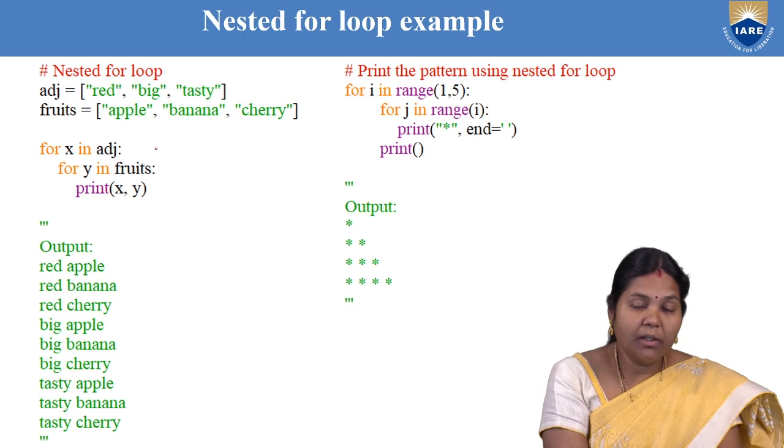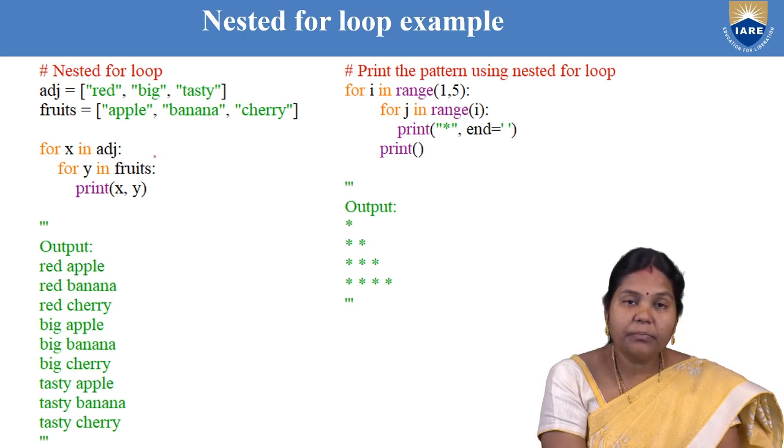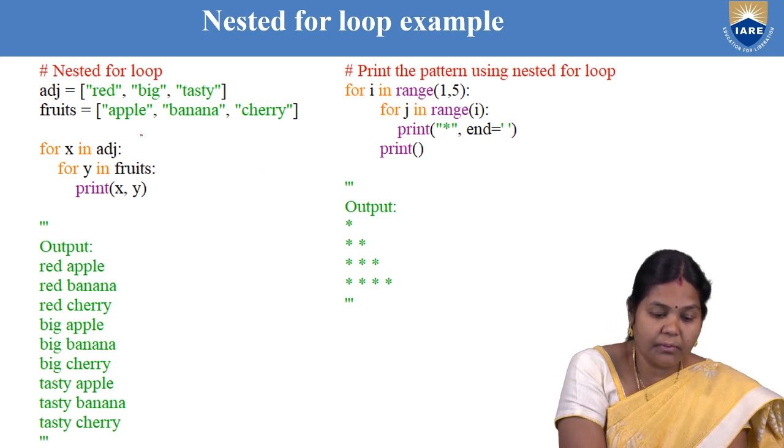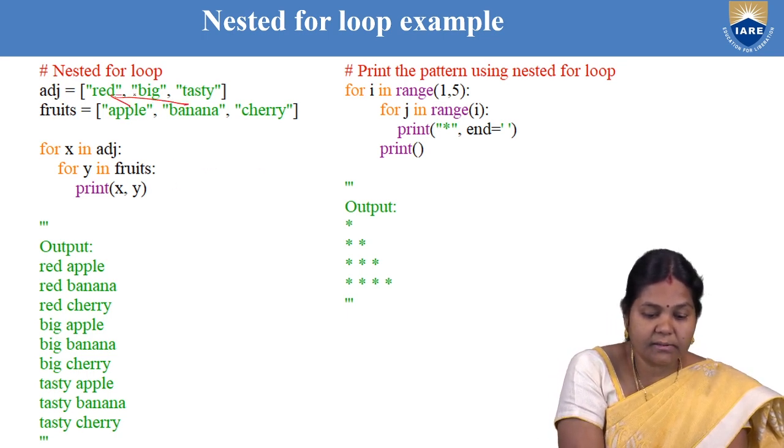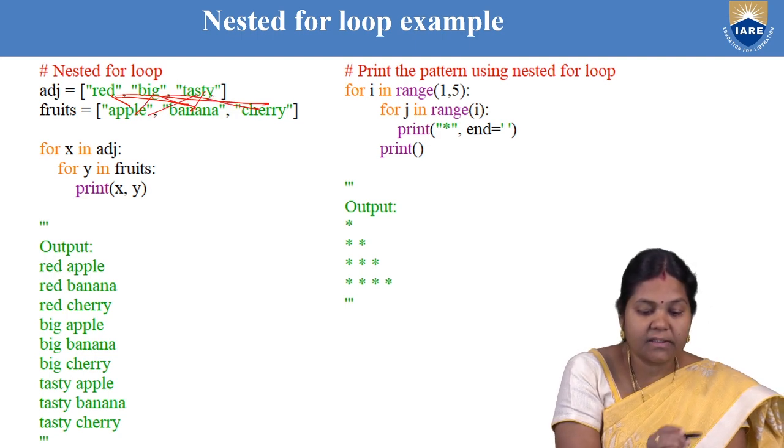Now I want to display each of the fruit names along with all the adjectives. That means I want red apple, red banana, red cherry, then big apple, big banana, big cherry. Tasty apple, tasty banana and tasty cherry.